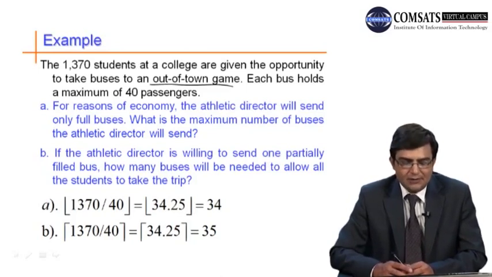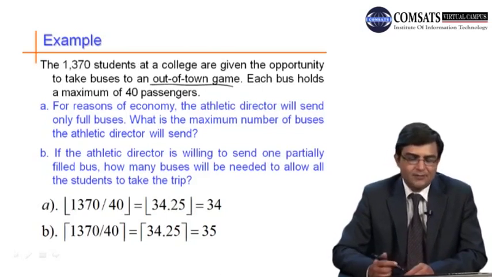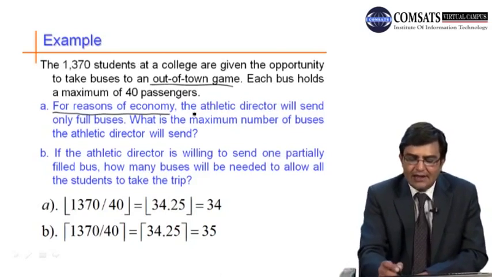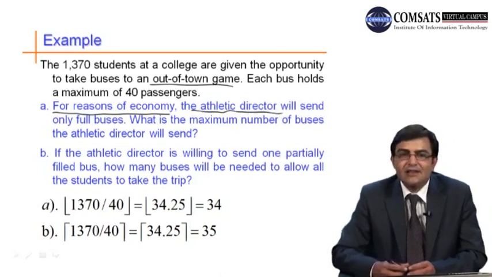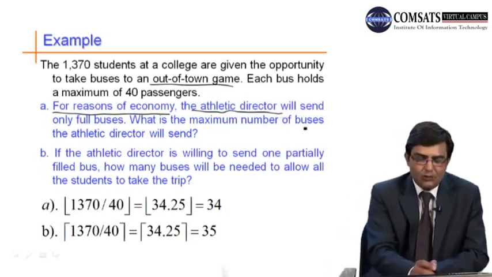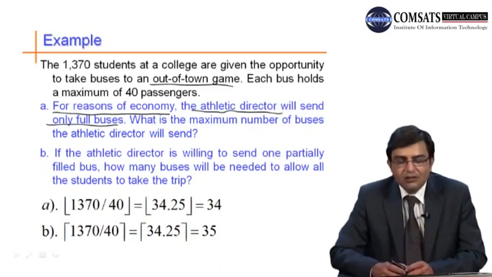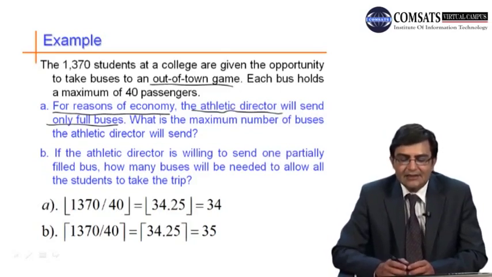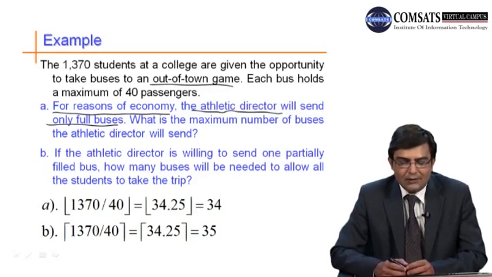The college principal or the institute director says that for reasons of economy, the athletic director, whoever is their game director, will send only full buses. To save money, the athletic director decides that no bus will go empty or half full, meaning there will not be empty seats in a bus.